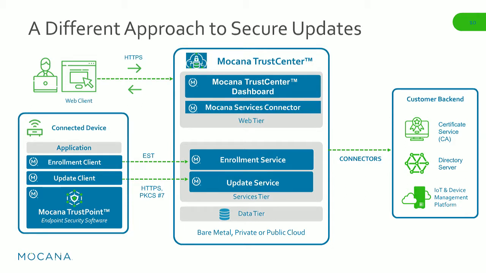And the device then can validate the complete supply chain provenance of that update package and apply that update on the device. So that's basically what the enrollment and update clients do with the companion enrollment and update service running in Trust Center. Got it. I mean, that automation of enrollment is kind of a big deal, right?